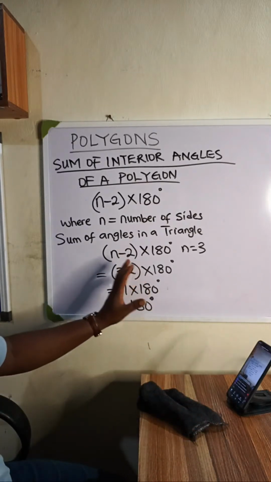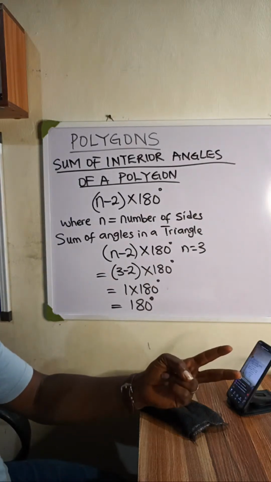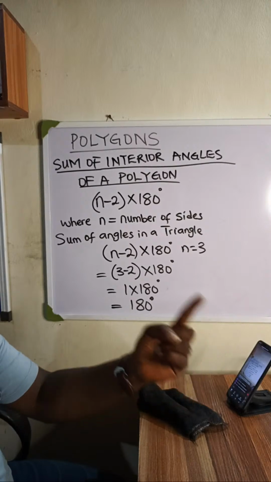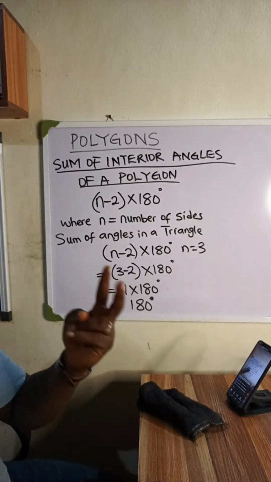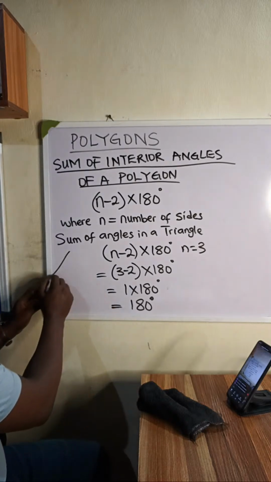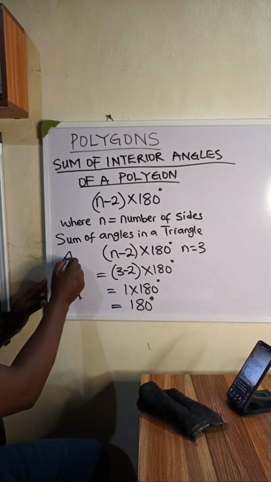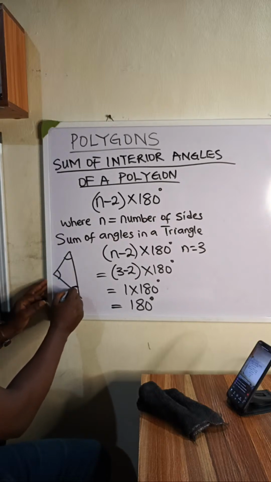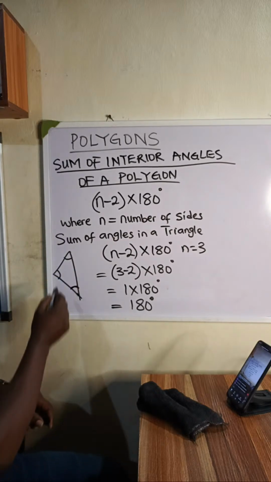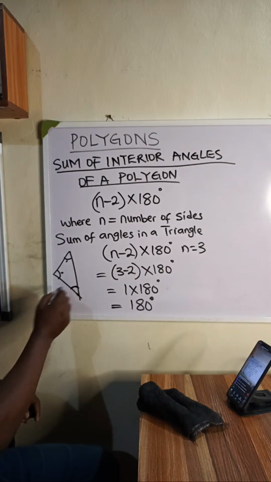So why is this important? Sometimes you're given 2 angles in a triangle. If you have a triangle like this, and you're given these 2 angles, and you're expected to find this third angle.